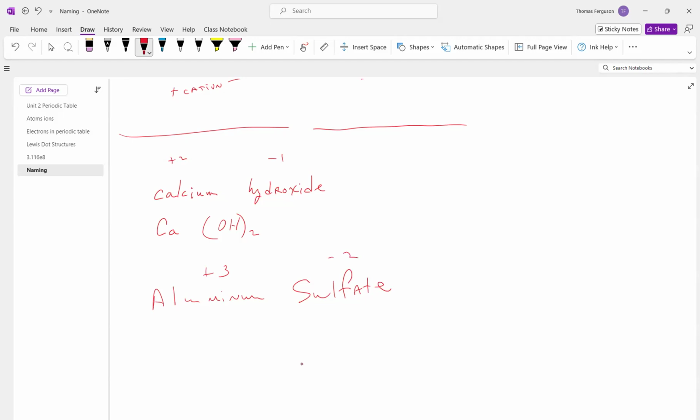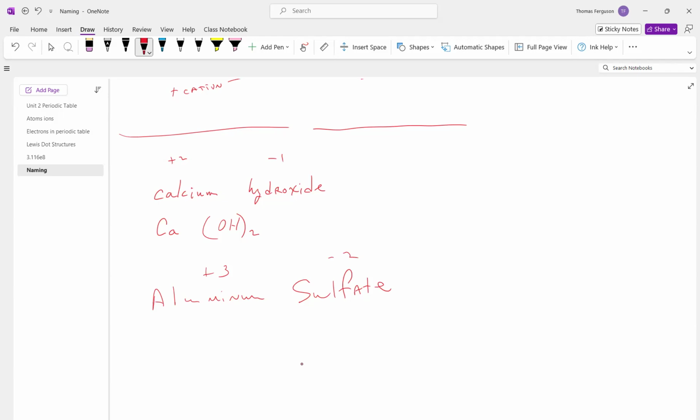What's the net charge if you have one aluminum and one sulfate? +1, so it's not 0. How do we make it 0? 2 and 3.